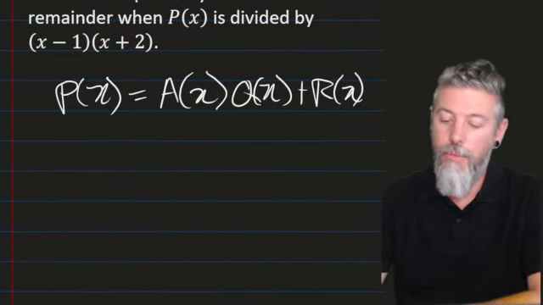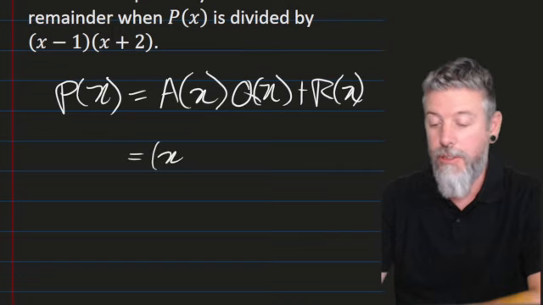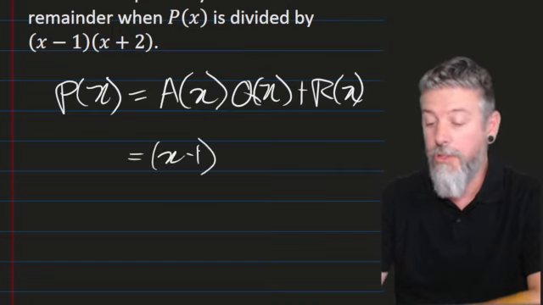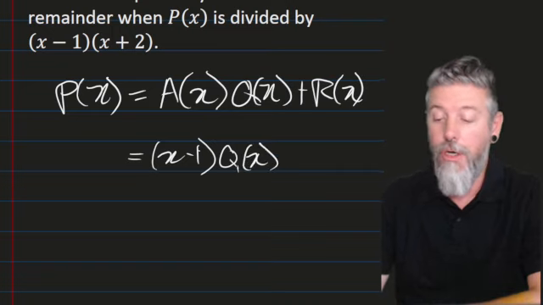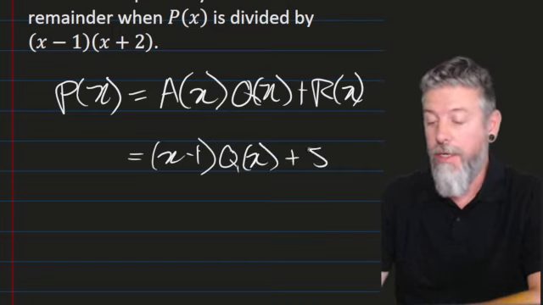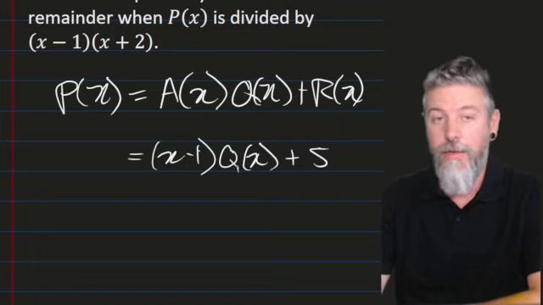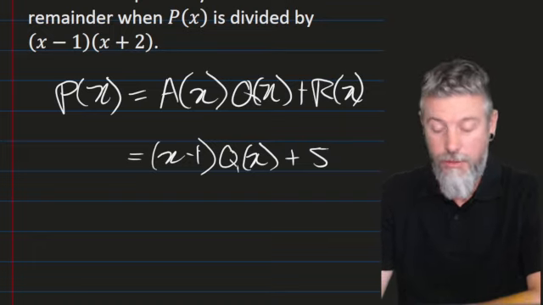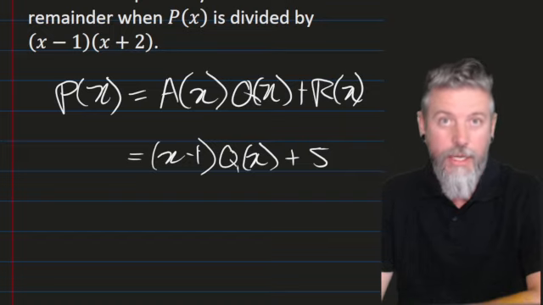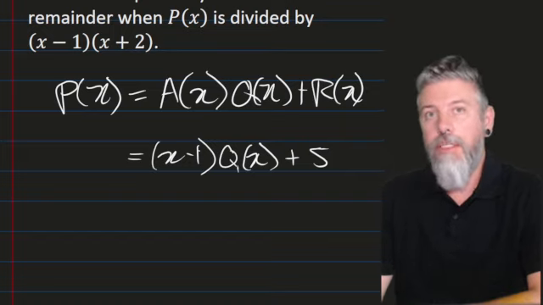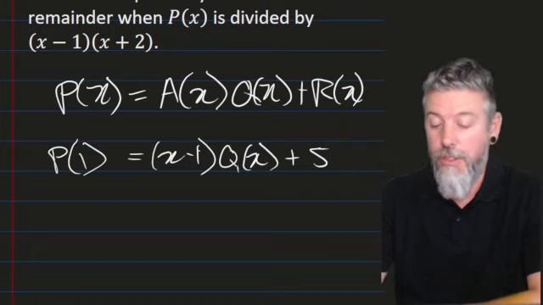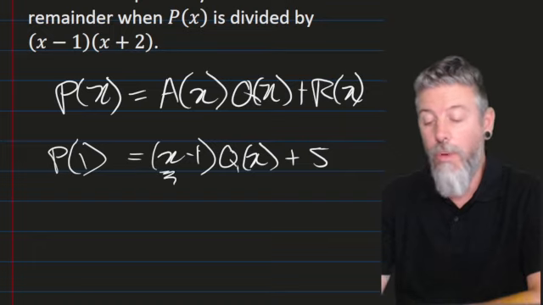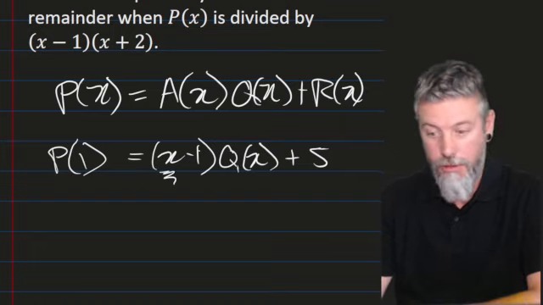We're given that when we are dividing by x minus 1, I'm just going to write q1 of x because there's going to be another q of x shortly. We're told that the remainder is 5. Now we need to understand that that means r of x is straight up just 5 in this situation. And why is that? If we put 1 into this function, then we would replace this x with a 1, and 1 minus 1 would be 0.